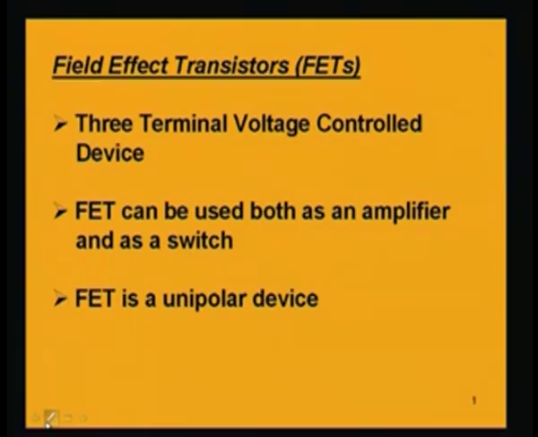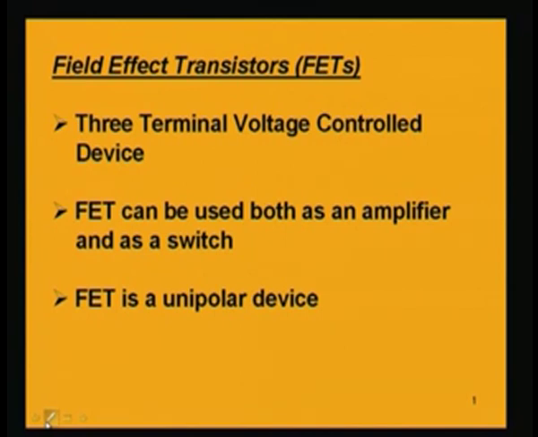In the BJT we have earlier seen that it is a current control device, but the FET is a device which is voltage control. And like a BJT, the FET can also be used as an amplifier and as a switch.